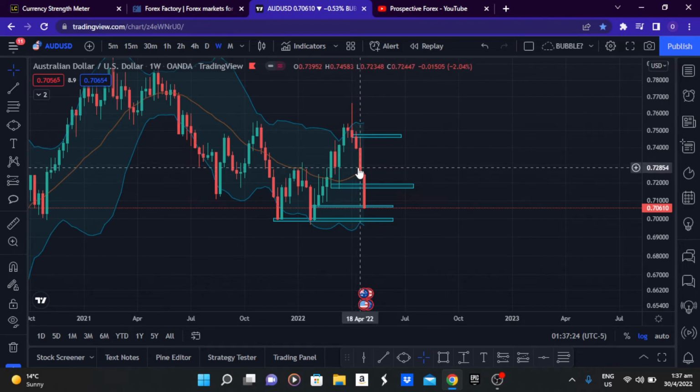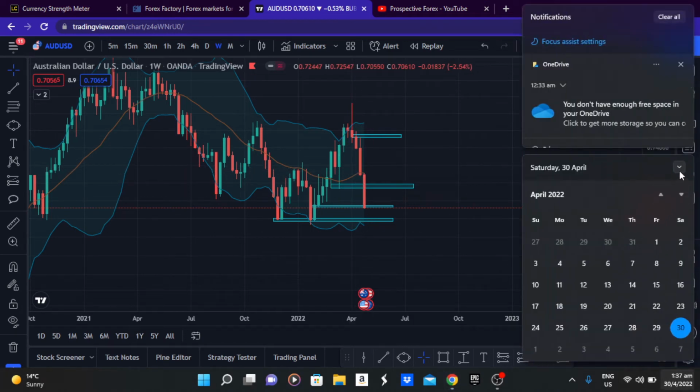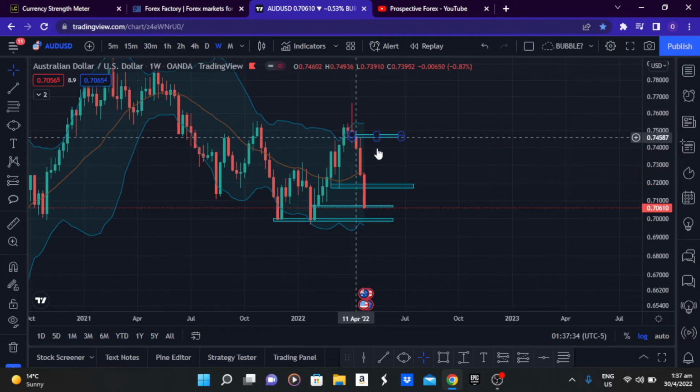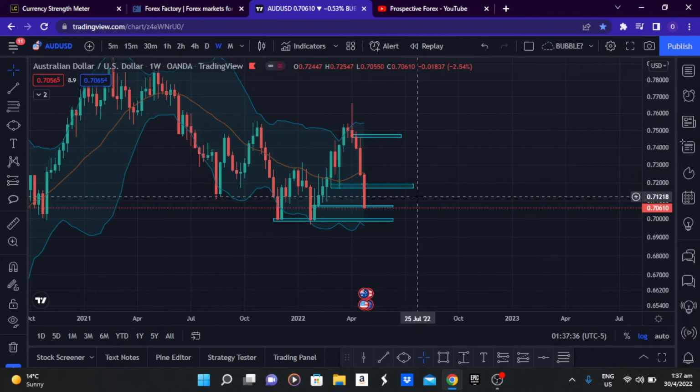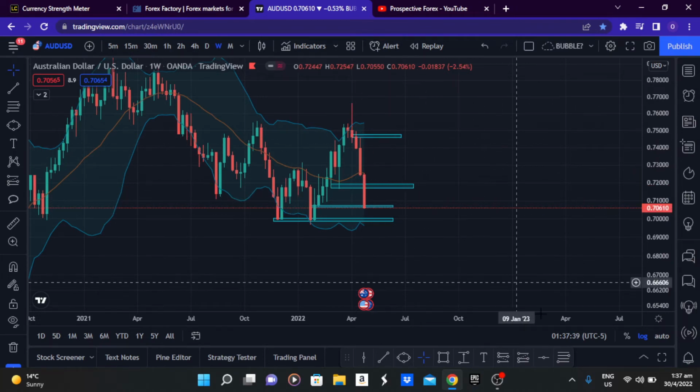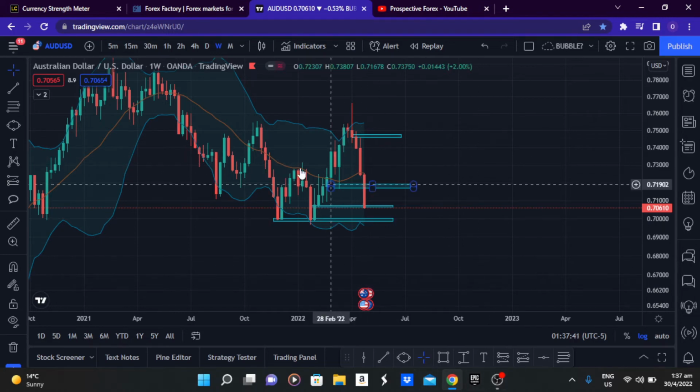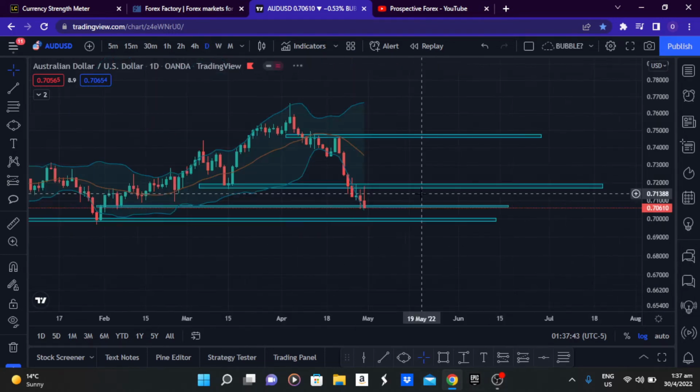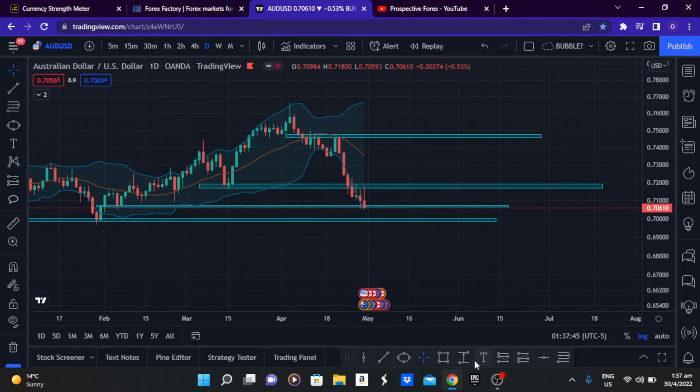All right, so what I'm expecting to see within a matter of months, let me say around May, is some form of retracement, because if we look at the smaller time frames, let's go on the daily, we can see where it made a retracement here, and it's at this support level.